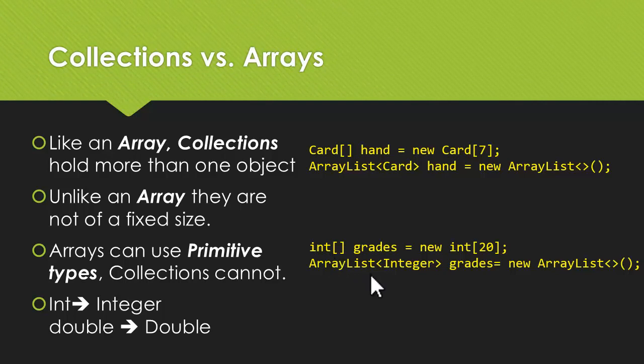And then again, the advantage of using a collection is right now I'm not allocating any memory to store integers, but as I start calling out grades.add, I will be adding integers into the collection and then consuming memory accordingly. Of course, I will demonstrate this through my examples, and through using the debugger you can see exactly what I'm talking about.